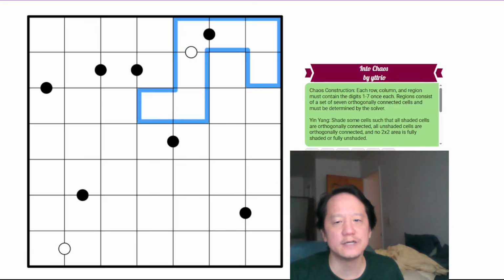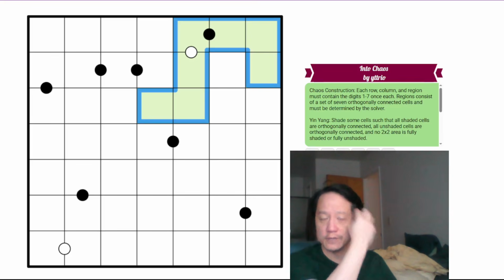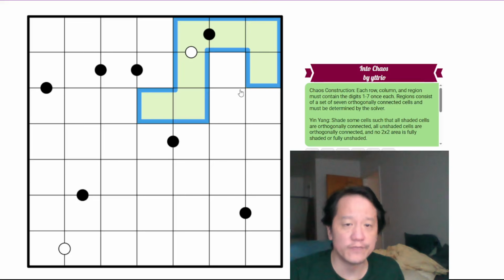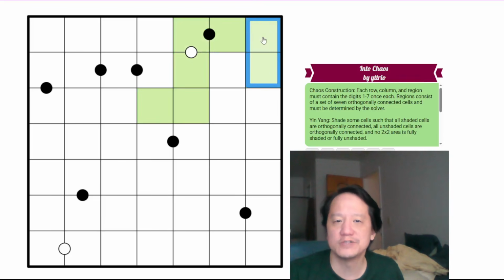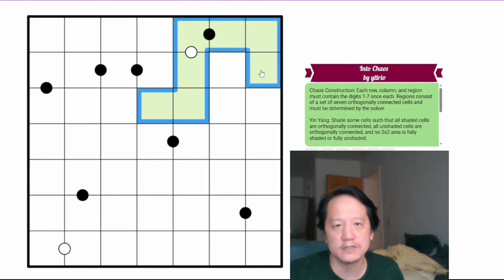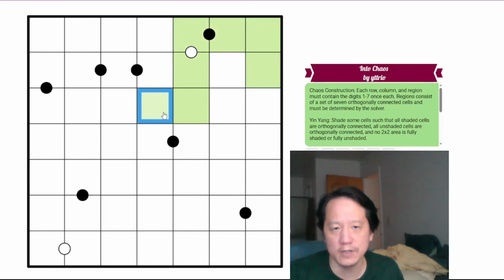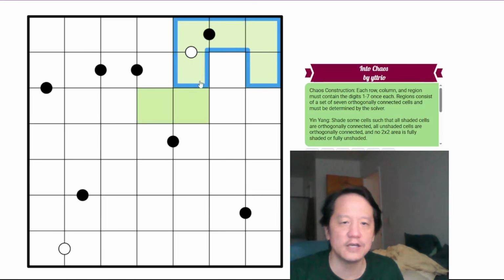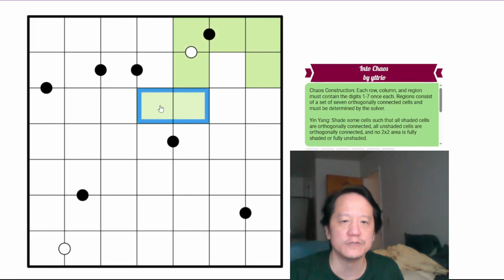So as an example, what is an orthogonally connected region? It means you can go from any cell in that region to any other cell in the region just by going through edges while staying within the region. So this is an example of a valid orthogonally connected region, because to get from here to here, you can just go through these edges while staying within the region.